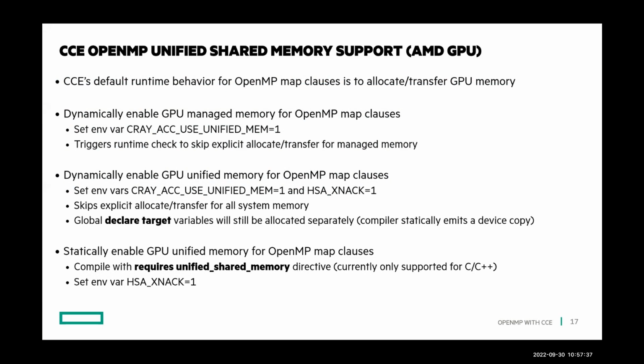The other thing you can do is if you set that environment variable and also set HSA XNACK, you can also skip the allocate transfers for system memory as well.